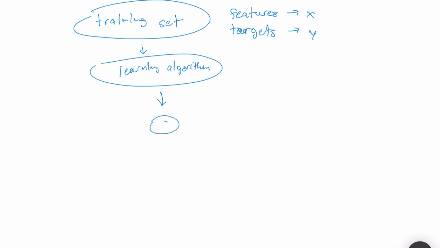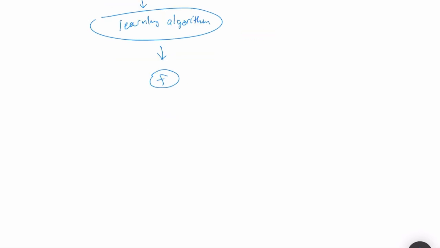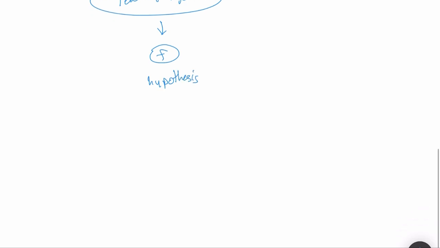We'll call that function f. Sometimes it may be called a hypothesis, but we'll call it a function for now, okay? And the goal of this function is that it will take a value x and output a value y, what the machine model thinks the corresponding output value is.